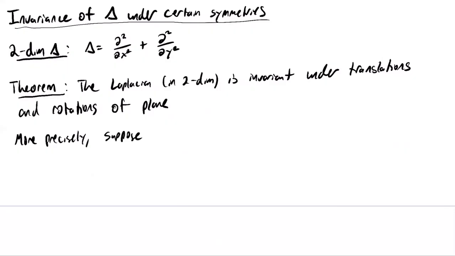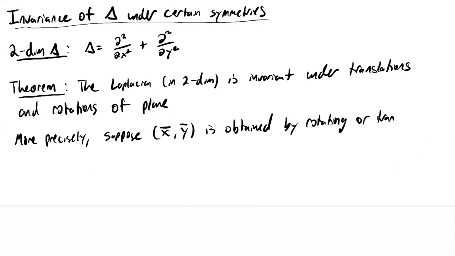Suppose, let's say, x bar, y bar is obtained by rotating or translating x comma y. Right, so here x comma y are my usual coordinates for the xy plane. Let's say I define new coordinates by rotating those or translating them.